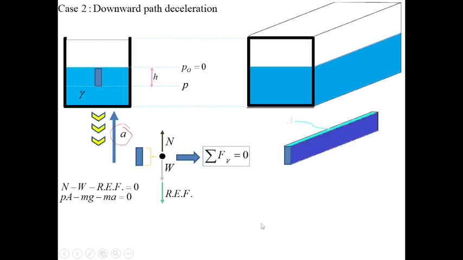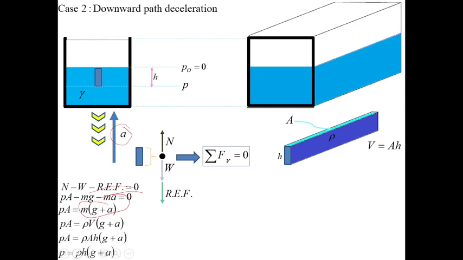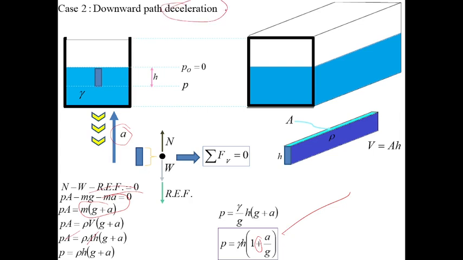So PA equals MG plus A. M is rho V, G plus A, where V equals AH. Therefore, P equals rho H, G plus A. Cancel the A. So in our simplified formula it is plus now, earlier it was minus. Minus for acceleration, plus for deceleration.